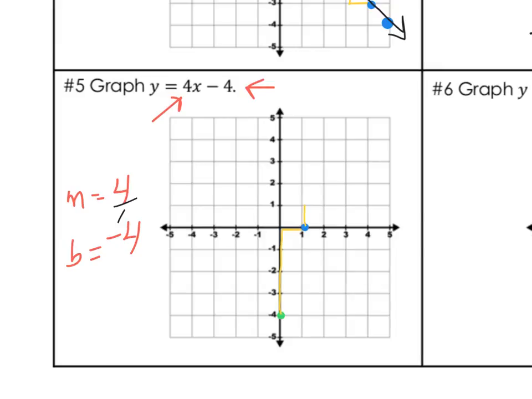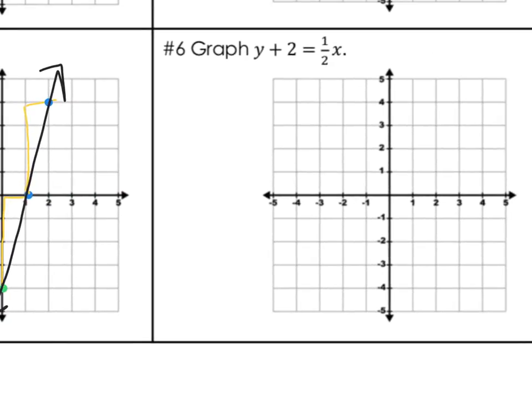Rise 4, run 1, put a point. Okay, connect them. Oh, that's way too thick. Let's connect them. And I'll just double check. Our intercept's at -4 and our slope is 4/1.